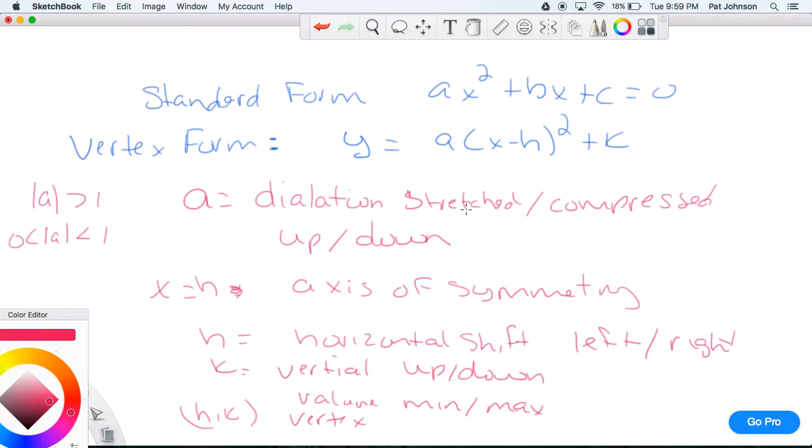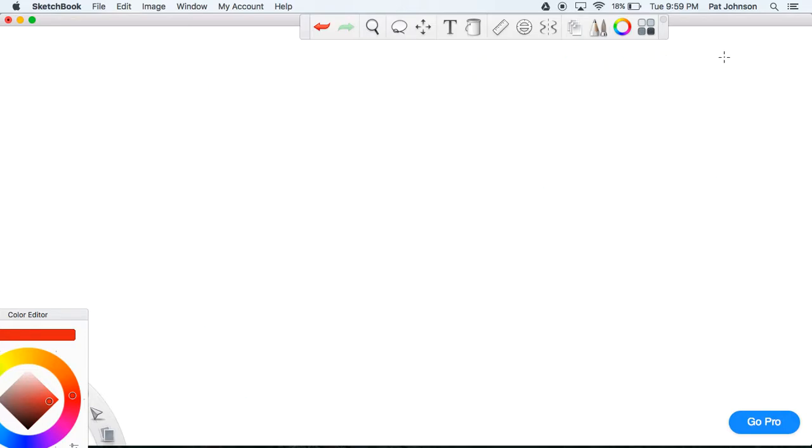Right? So let's practice going from standard form to vertex form. And we're going to do this by using the process of completing the square, except it's going to look a little bit different. So look at example 1, page 275. It says y equals x squared plus 6x minus 5.